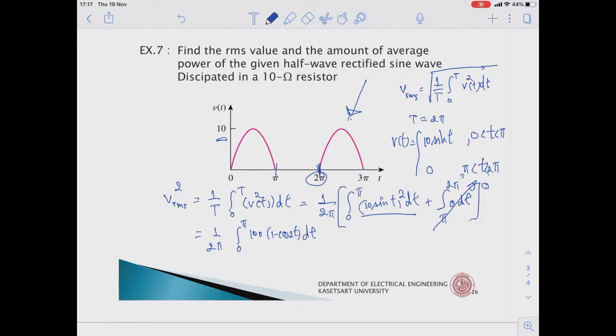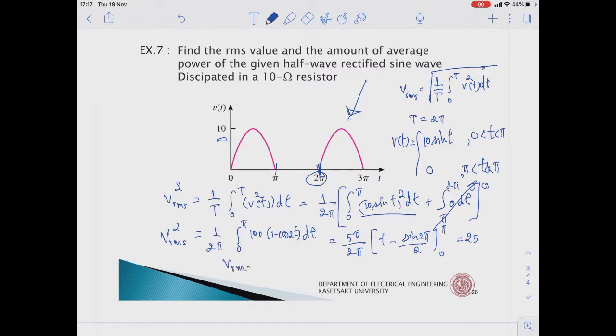So we integrate this, we obtain 50 over 2 pi, integrate dt, multiplied by t minus sine 2t divided by 2, and the limit of it from 0 to pi. And so we will have this equal to 25. So this one is VRMS square.